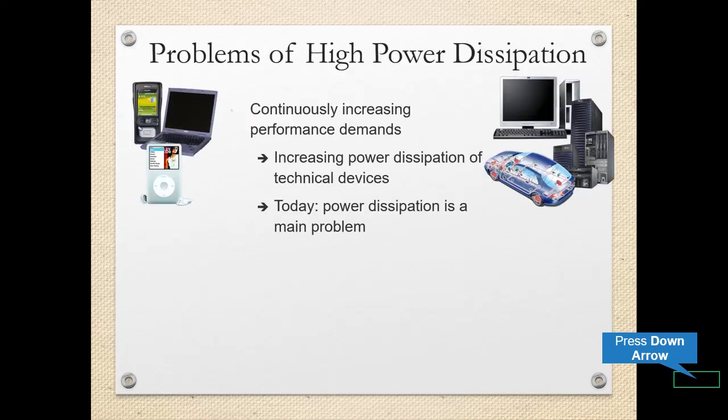The performance of CMOS circuits is judged by three important parameters: the speed of operation, area, and power consumption. Day by day the performance demands are increasing. We require more and more speed, smaller and smaller area, and power consumption as low as possible.